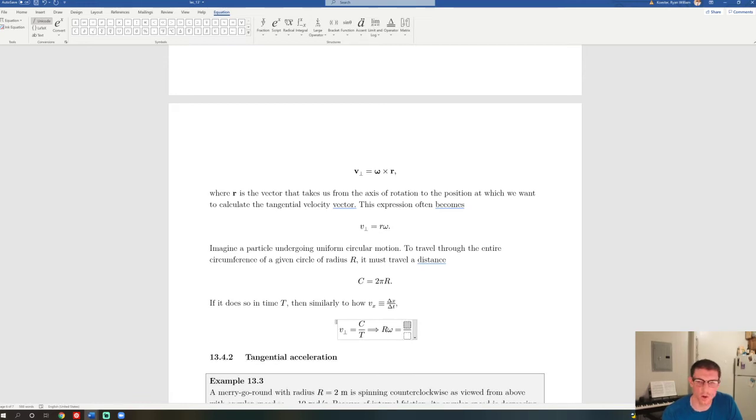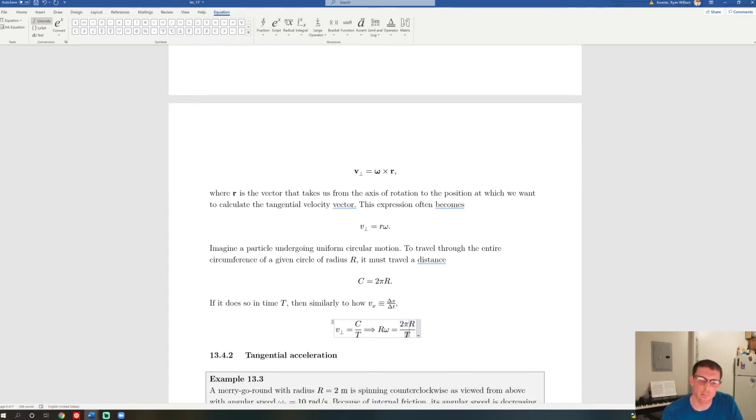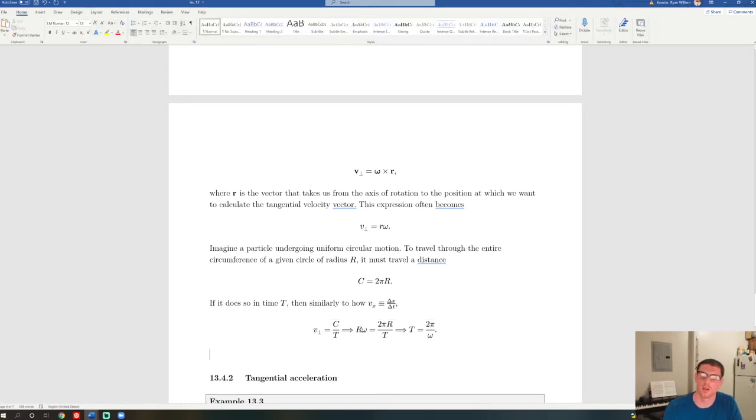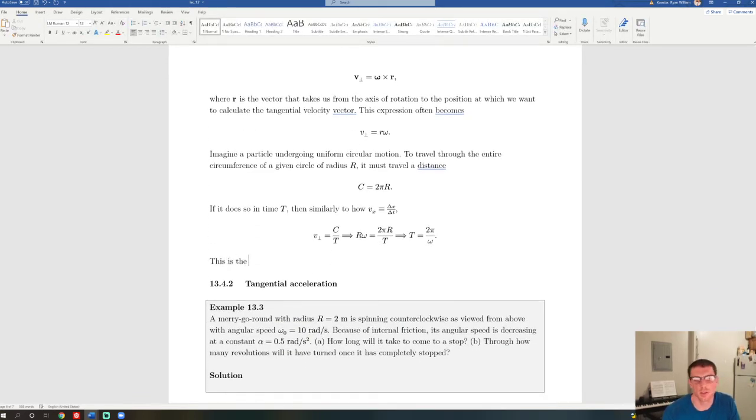And we already wrote out what the circumference was, and that's 2 pi big R. And then we divide by big T, which we'll just say is what we're going to call the period, right? The time for one complete revolution. Then, solving this for T, we have 2 pi over omega. And this is the period.